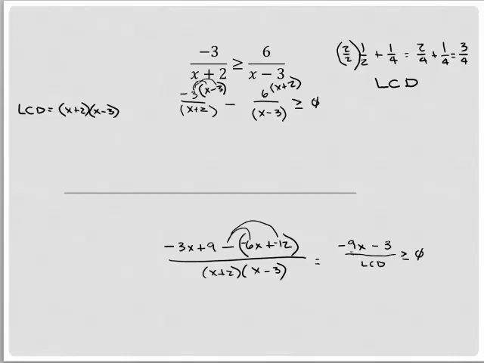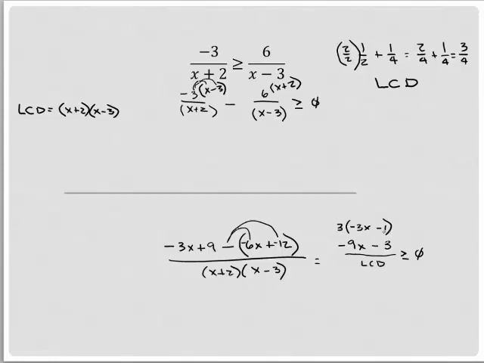Now, I don't want this negative sign. First of all, we can take out the common monomial, so let's do that. So I get negative 3 times x minus 1.